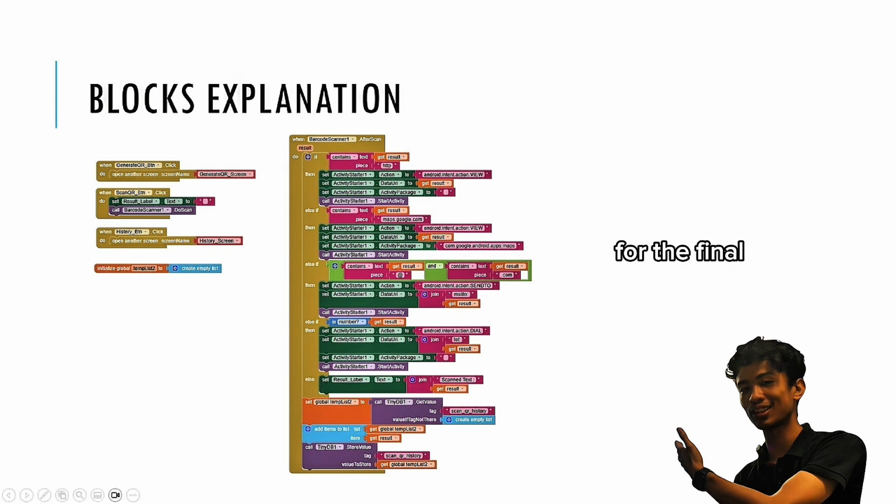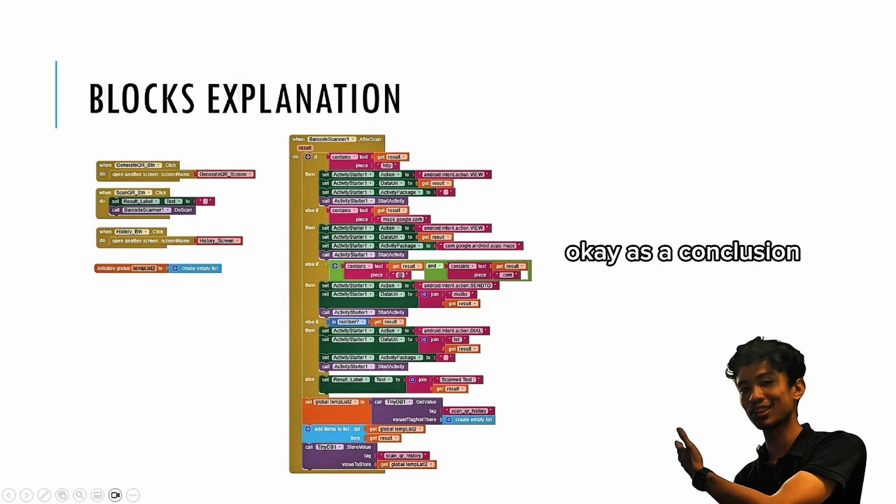Okay, for the final part, as we can see here, another else if it contains maps.google.com, it will get the result and bring up Google Maps, and it will open on the Google Maps app.